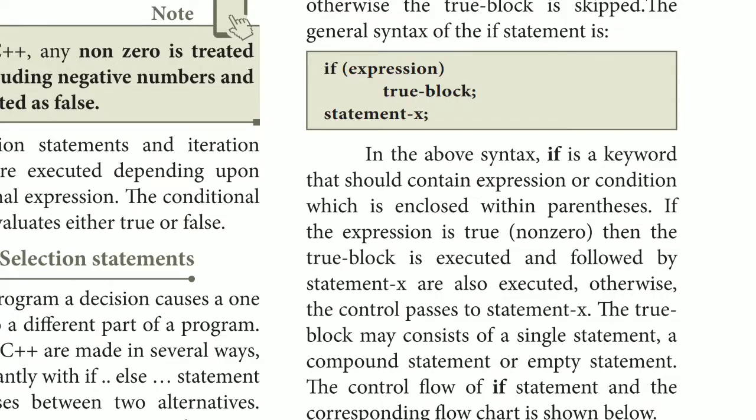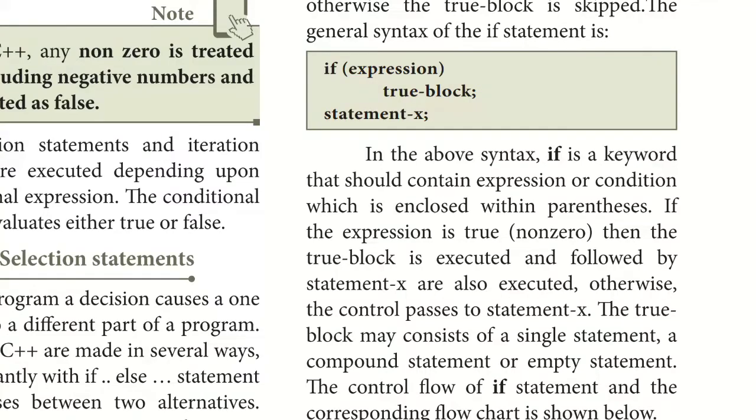Okay, so if the expression which is given inside the brackets is true, then the true block, which in the syntax you can see as a statement known as true block, will be executed. If the condition is false, that true block will not be executed. When the condition is true, the true block will be executed and statement x will also be executed.